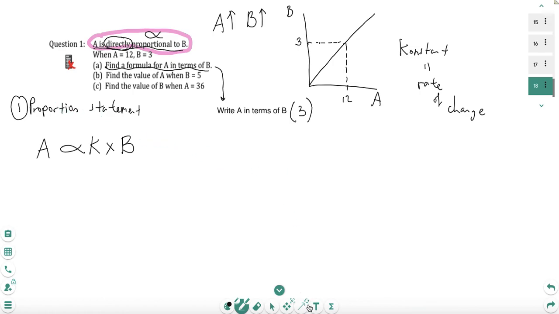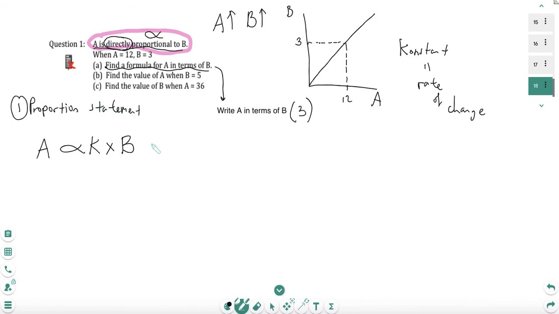So for example, if C is directly proportional to D, if we were to write a proportion statement, it would be C is proportional to D, and since it's directly, it'll be K times D, okay? So whenever things are directly proportional, it'll be the constant times the variable, K times B or K times D, all right? And that right there is 1 mark, guys.